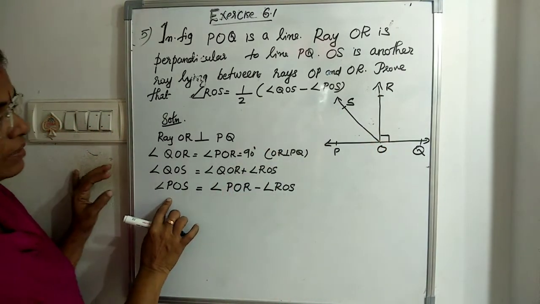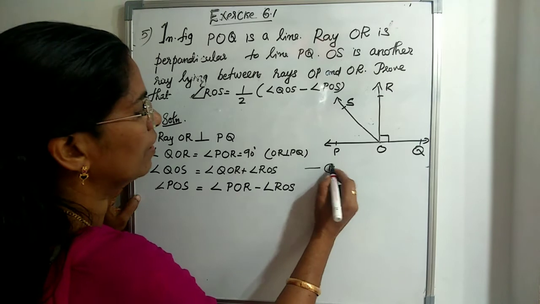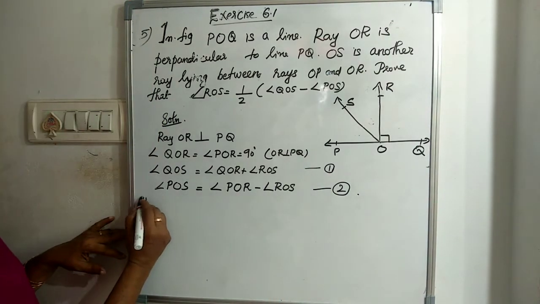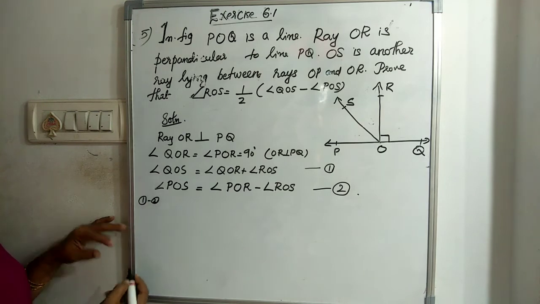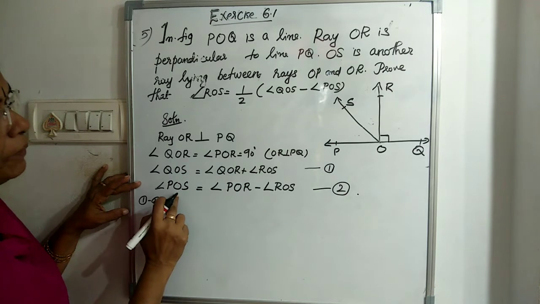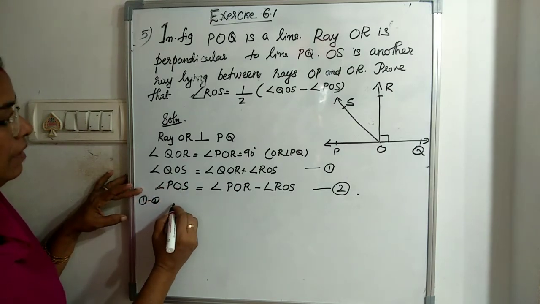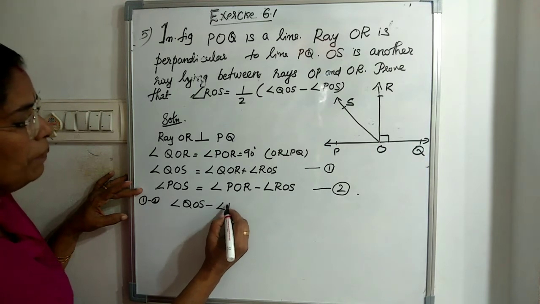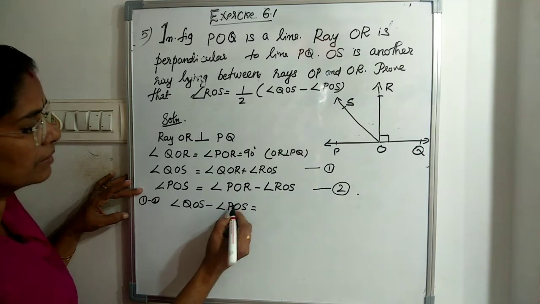So we can write this is equation 1 and this is equation 2. Now we can subtract 1 minus 2, because we need subtraction here: angle QOS minus angle POS. That is why we are doing the subtraction. Angle QOS subtract angle POS, that is our left side.